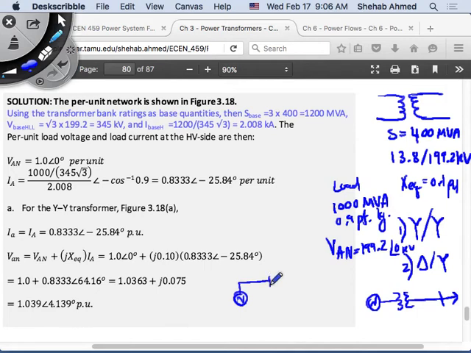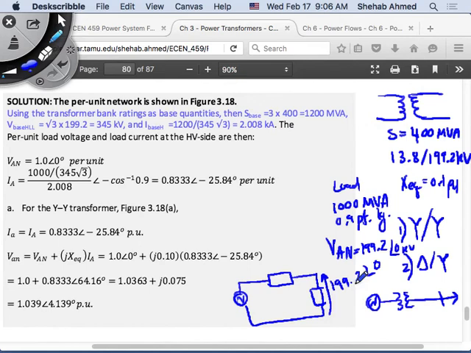So I just put the transformer's impedance, and then I have a load. It's exactly the same as the previous circuit. I know a lot about the load: 1000 MVA, 0.9 power factor lagging. I know the phase voltage at the load, so the voltage in the single phase equivalent circuit is 199.2 angle 0.